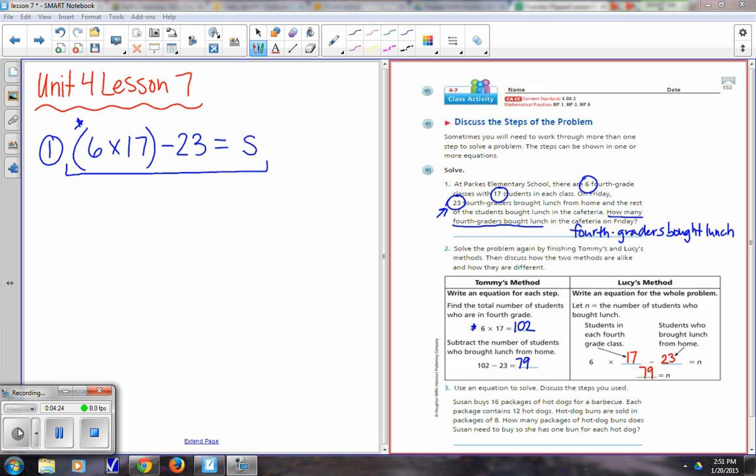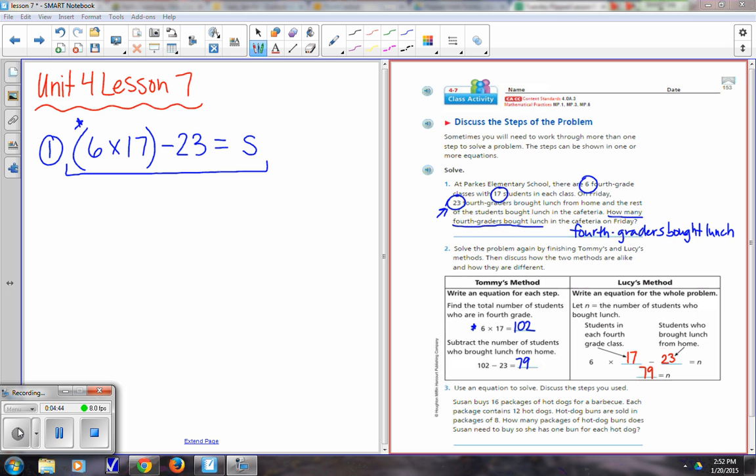The only difference between Tommy's method and Lucy's method is that Tommy broke it into 2 equations, and we made one long equation with use of parentheses and order of operations. So now let's look at number 3.